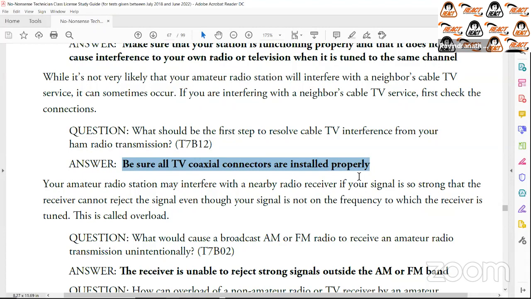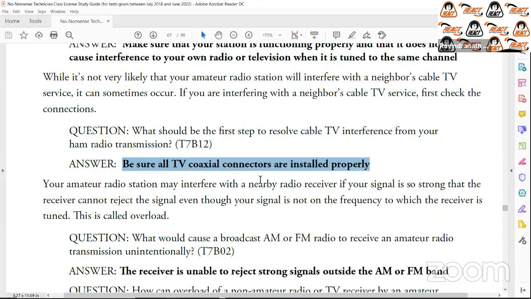In other words, look at all the connections from your cable box or your TV antenna that go to the back of your TV, switch boxes and so on. Make sure that all of those connectors are tight and properly installed. If they are loose, then those could become antennas to attract your amateur radio signal into it.